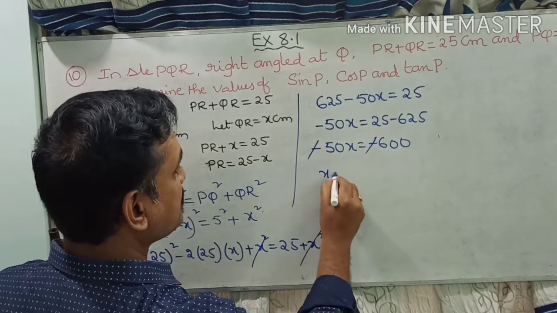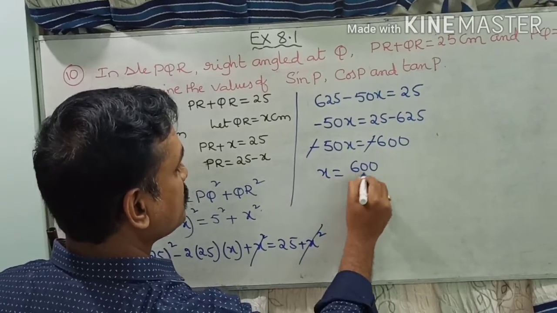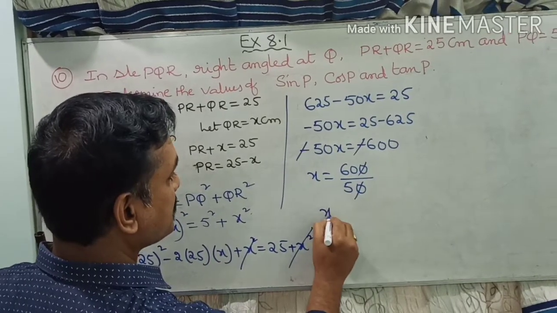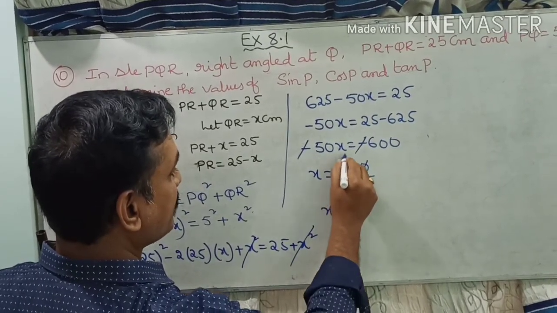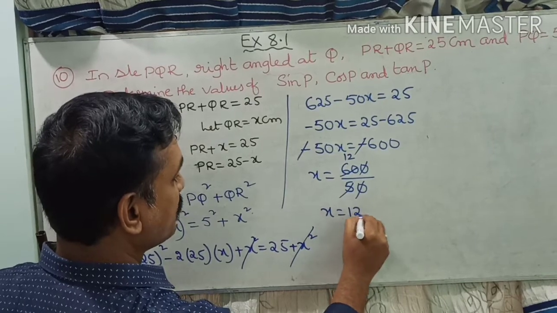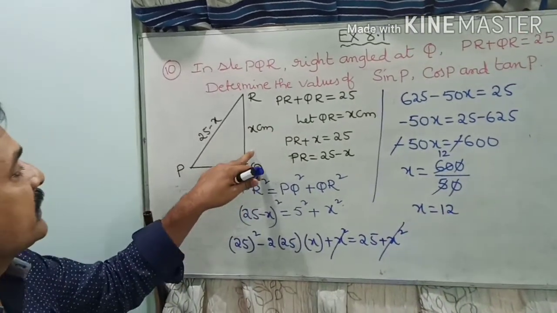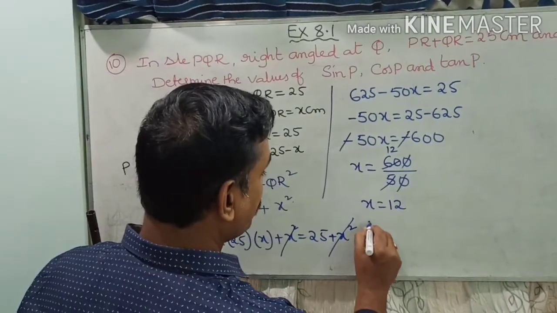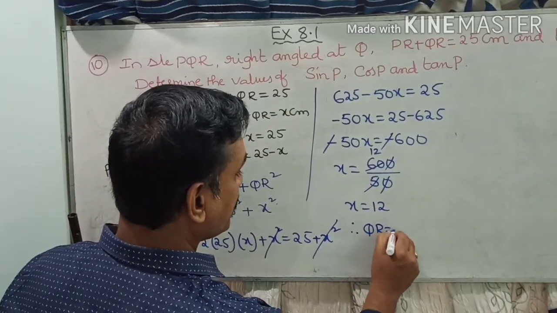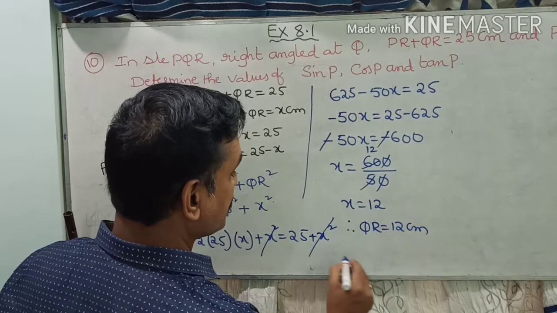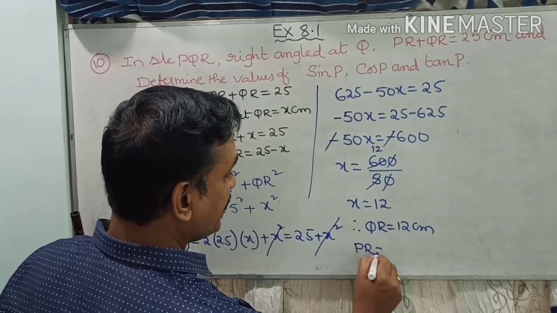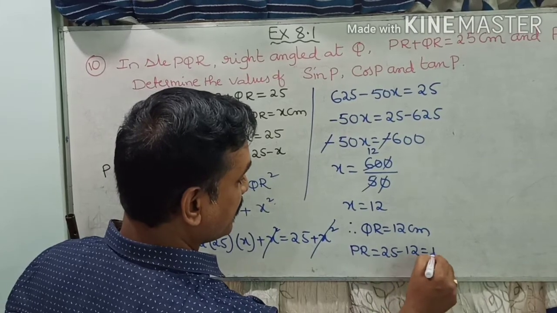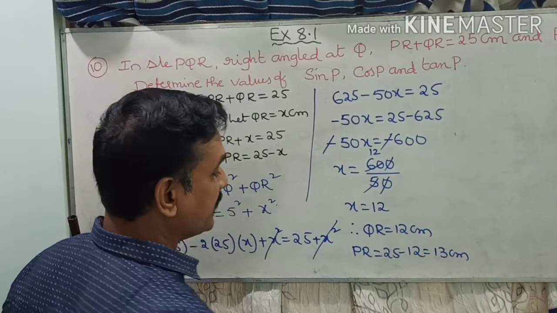Minus minus get cancelled. x equals 600 by 50. Zeros cancel. 5 will go here 12 times, so 12. x means what here? QR. We got QR as 12 centimeters. Then PR equals 25 minus 12, that equals 13 centimeters.